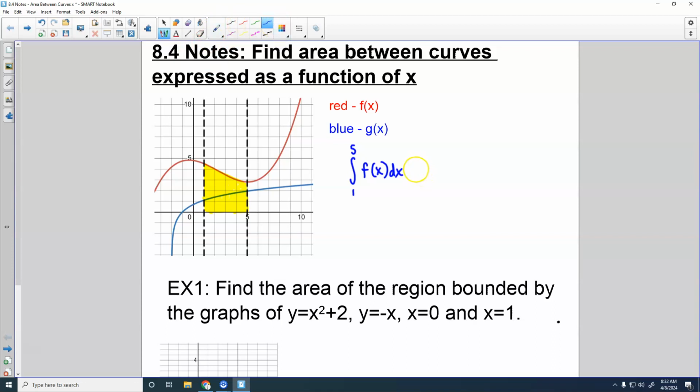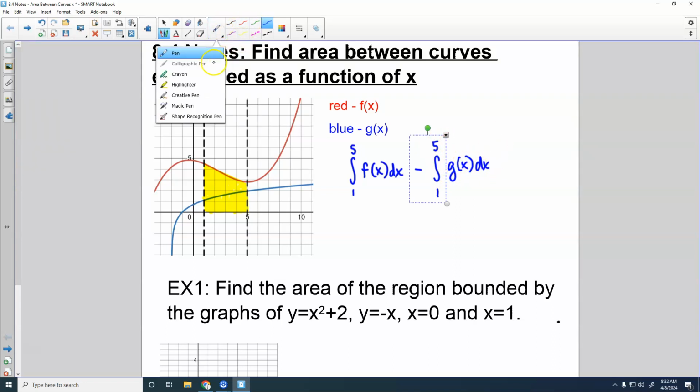And then I can integrate the blue one, which is g of x, and subtract. So the integral from 1 to 5 of g of x would find this area right here. If I subtract the two, that gives me the area in between those two curves, right?